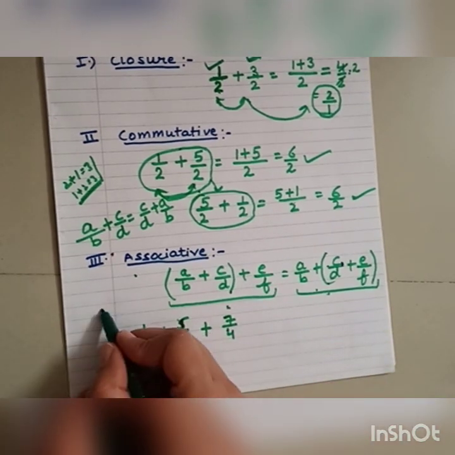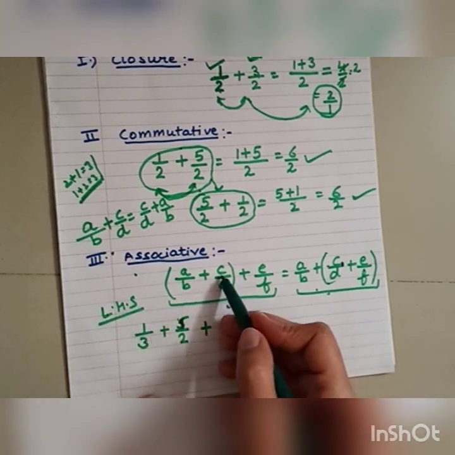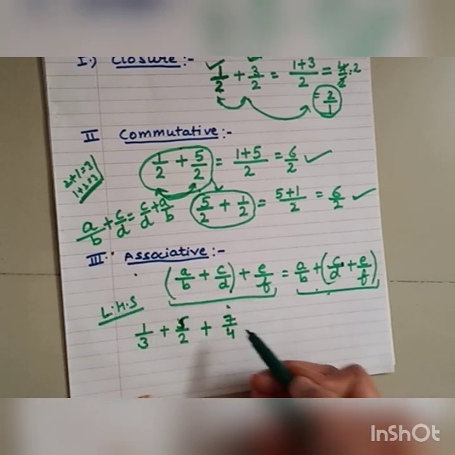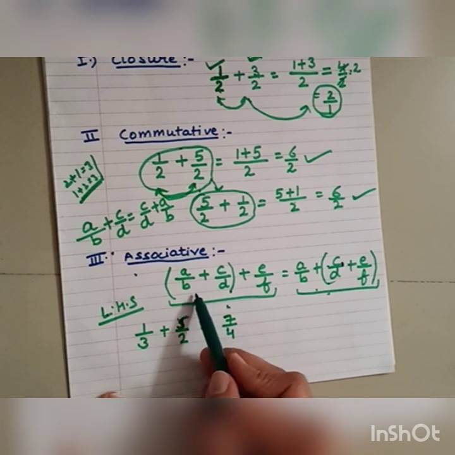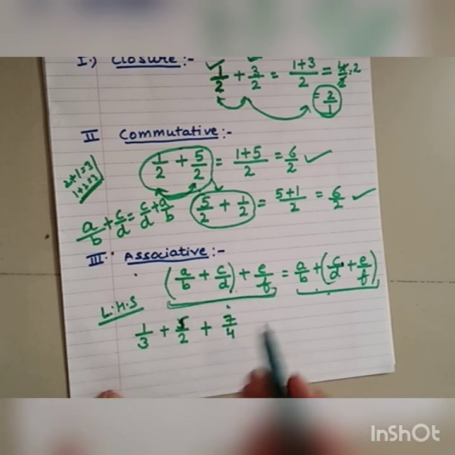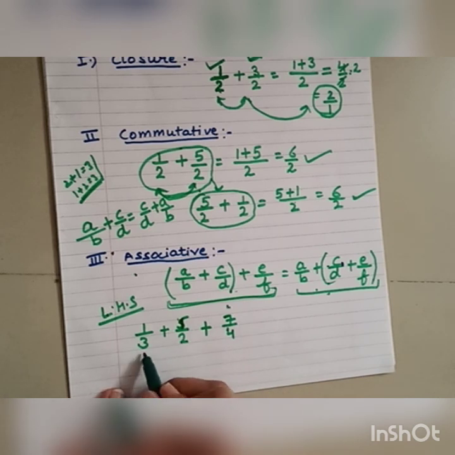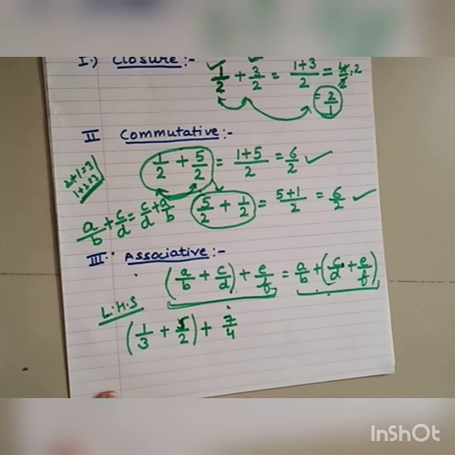Now the value of a by b we take 1 by 3, c by d is 5 by 2, e by f is 7 by 4. On the left hand side, put these values, grouping the first two. Now add these two values.